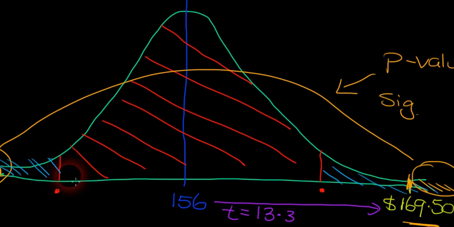But if your mean is even further out, then it's going to be smaller than 0.05. As soon as you reach this point here and this point here, either side, you're willing to say there's enough evidence to suggest that the mean of your sample is not the same as 156, and that's exactly what's going on with this hypothesis test.